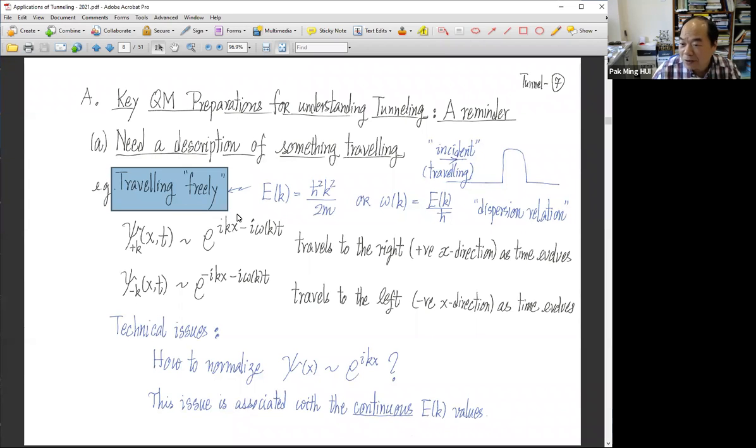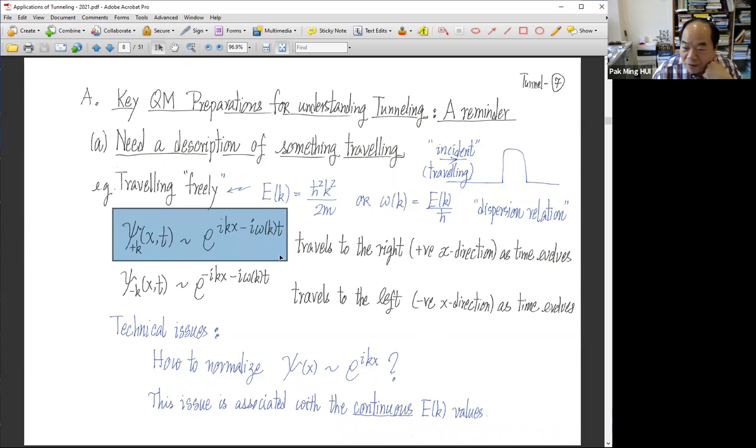Freely means the potential energy is zero, so you only have the kinetic energy part in your Hamiltonian. So the energy becomes p squared over 2m, therefore it is h bar squared k squared over 2m, okay? You can define something like a frequency, which is E over h bar. And then you have this typical plane waves.